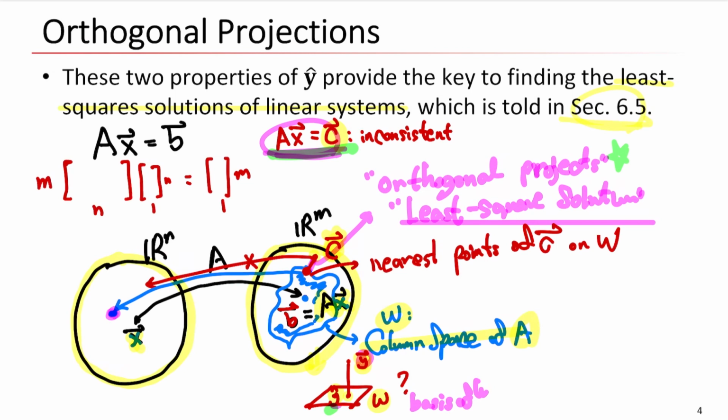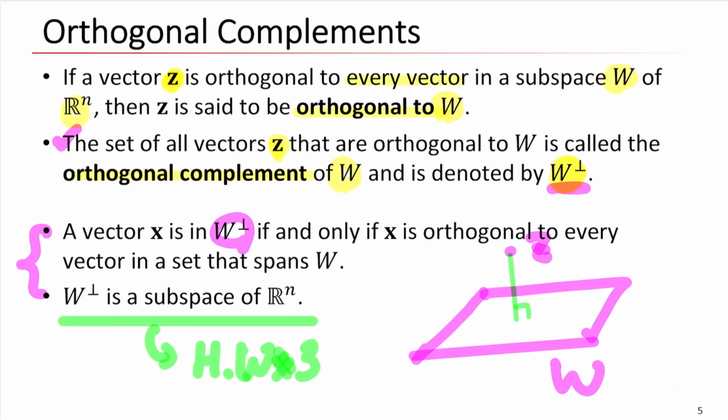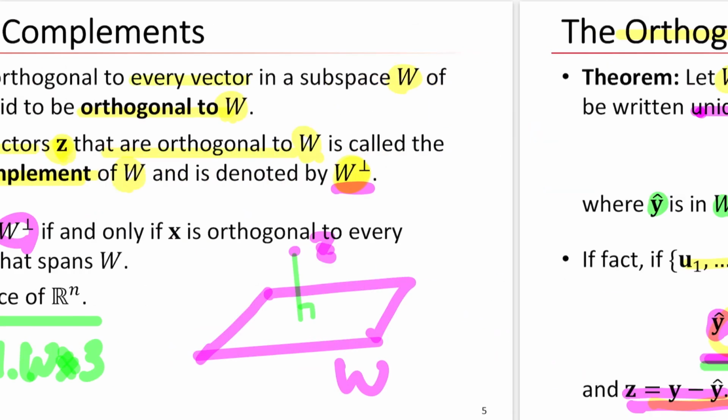Anyway, in the last lecture and today's lecture, we will introduce formulations to generate this orthogonal projection y hat by using the given vector y with the orthogonal basis of the subspace. Okay, so what was the orthogonal complement? As you can see here, the orthogonal complement is the set of all vectors z that are orthogonal to the subspace W.